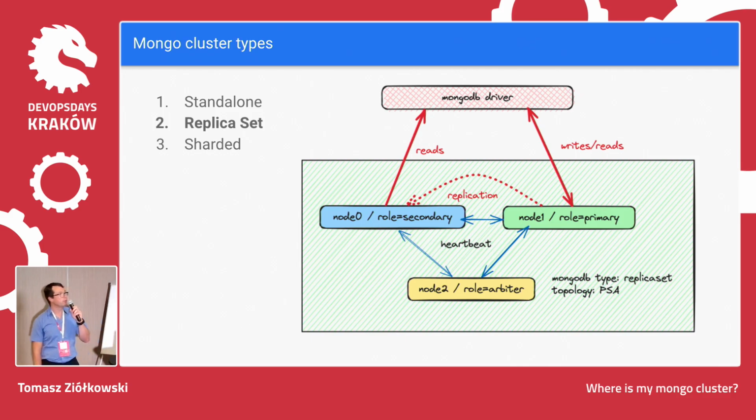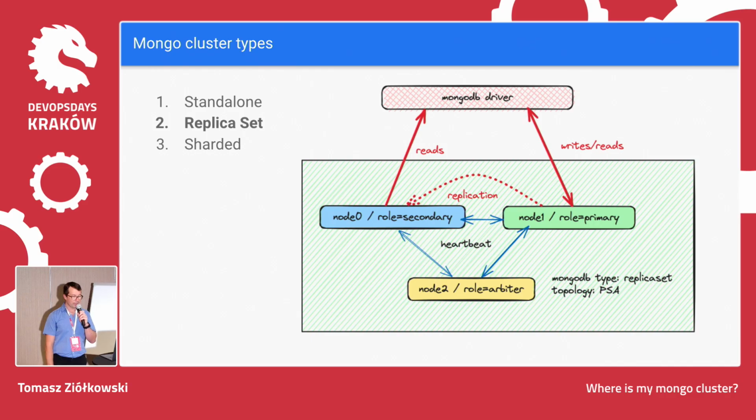Secondary, which can be used for reading the data. And arbiter, which does not hold the data but participates in the leader election. So in case of some disaster, for example, if the primary is down, the secondary and arbiter can elect, in theory, the next primary in the cluster.